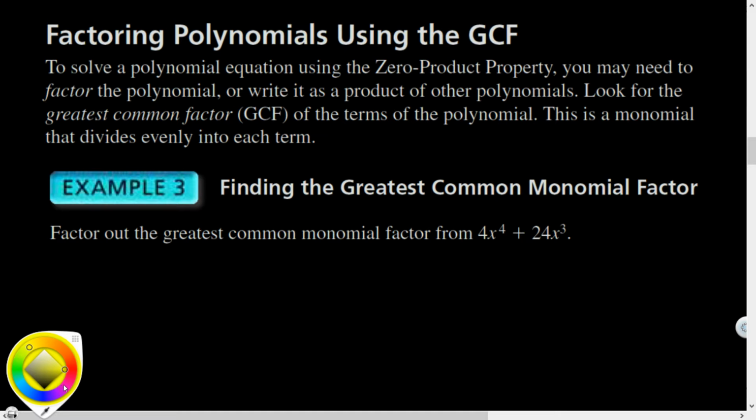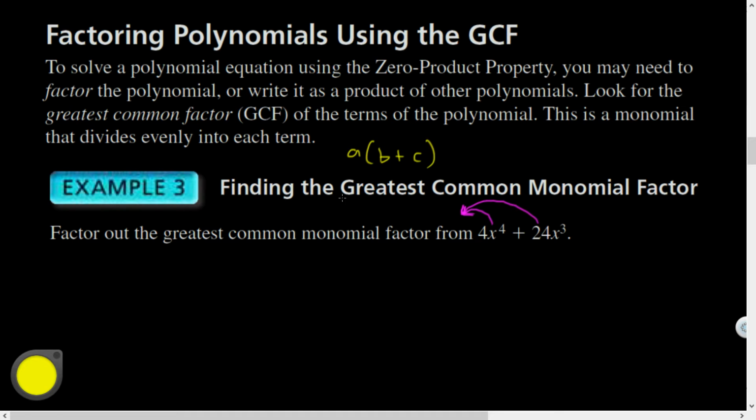Greatest common factor, I call undistribution. The distributive property was when I would take, I'll make a little side note, A times B plus C, and multiply A into that.